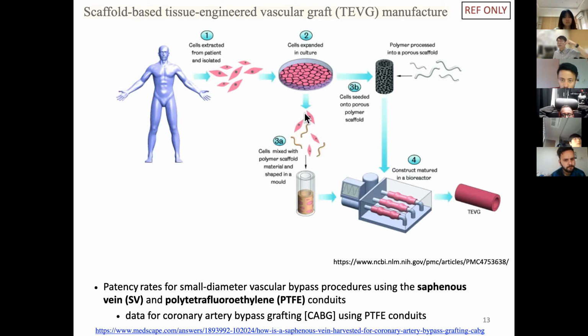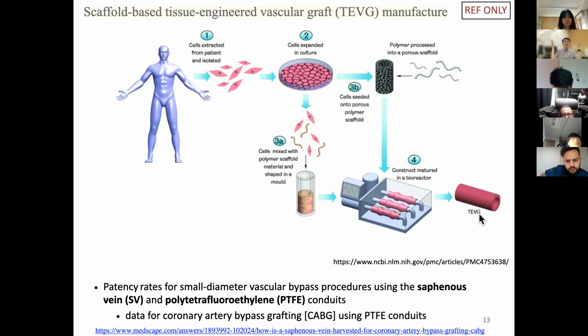One is we mix the cells with a polymer scaffold to make a mold that looks like a vessel, and then use a bioreactor to grow the cells to fill these gaps. Another way is we take only the cells, and we already have a pre-made porous polymer scaffold, so the cells can be seeded into it, and then you grow the cells and make a tissue engineered vascular graft.